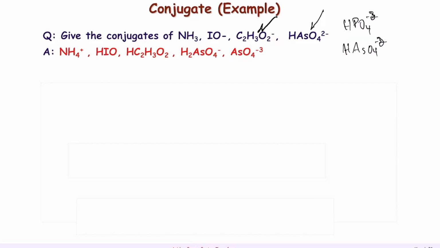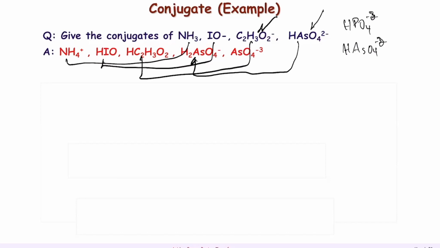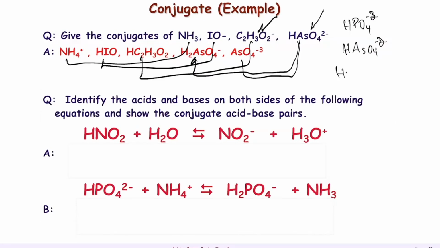So what are the conjugate pairs? Of course, that's going to be the conjugate pair here. That's going to be the conjugate pair here. That's a conjugate pair. And this has two conjugate pairs, could be this or this right here. Okay, but H2AsO4 is not a conjugate pair of AsO4 minus 3.